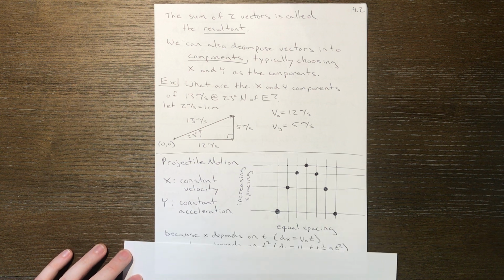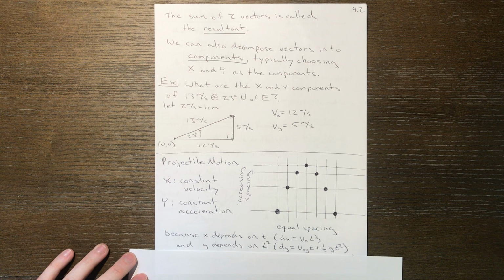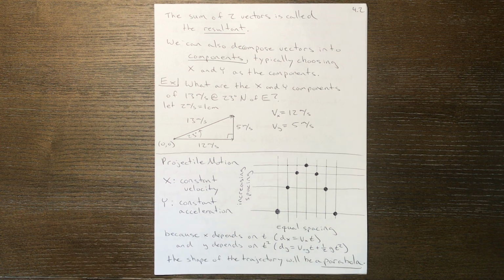And if we think about the two equations for position, we can see that the x position, or displacement, simply depends on time, depends on t. dx equals vxt. That would be our position equation for constant velocity. If we look at y, the y depends on t squared.